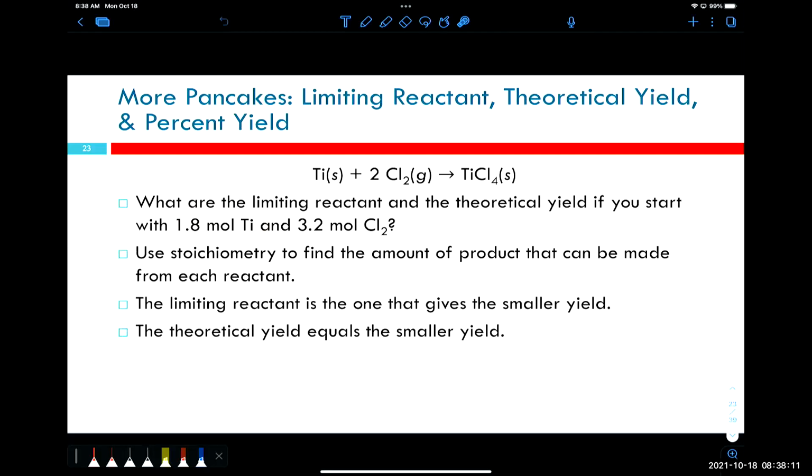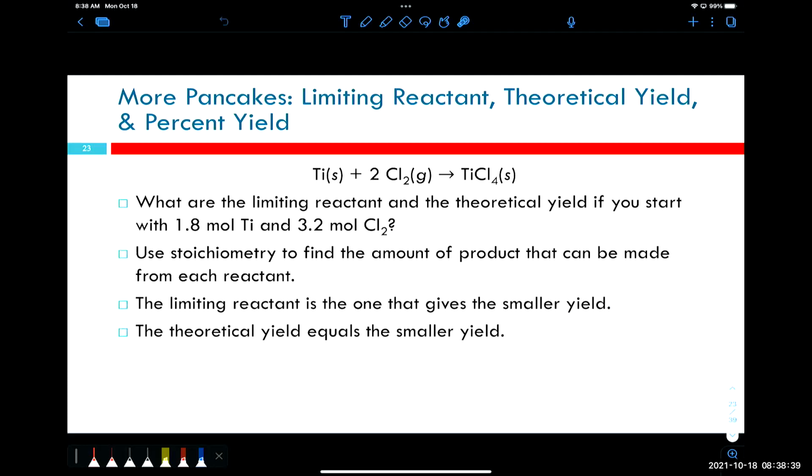And then we'll come back and say, okay, that's how much we could make with this much titanium. What about chlorine? If we're using this much chlorine, how much titanium chloride can we make? In both situations, we're assuming that we have enough or more than enough of the other reactant. Then we'll pick our limiting reactant based on the one that gives the smaller yield.